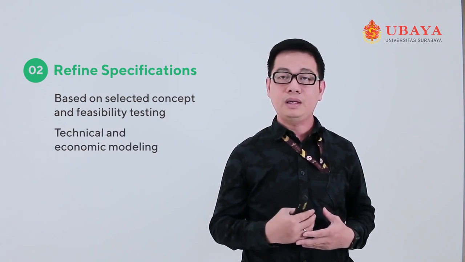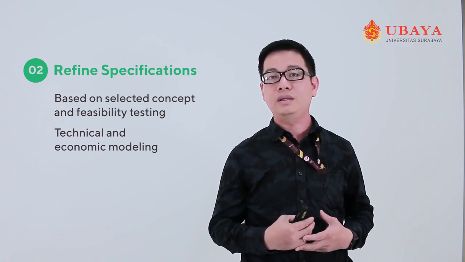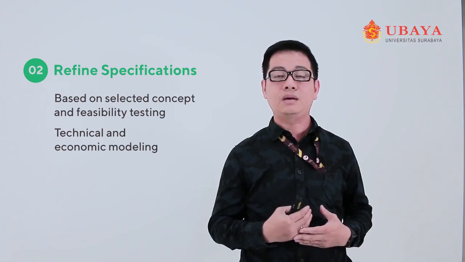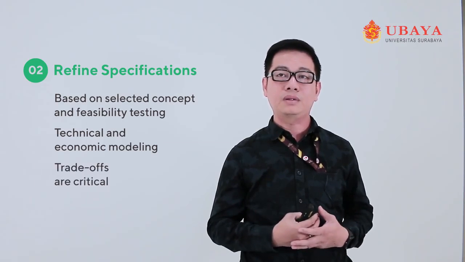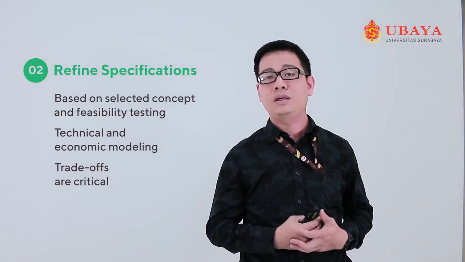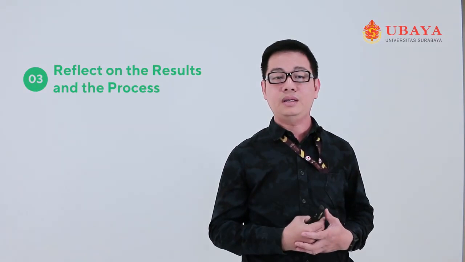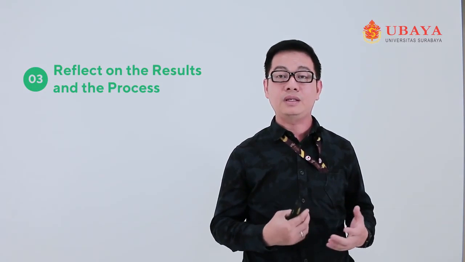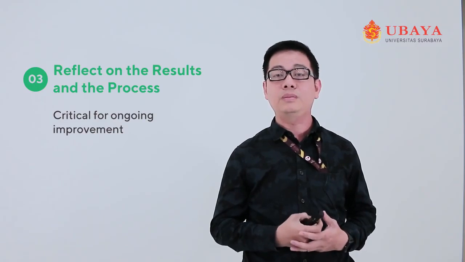Technical and economic modeling, for example, is one of the constraints. The third constraint may be a time limit given by your customers. And after setting the target specification and refining the specifications, finally we have reflections on the result and the process. So this is a critical step for ongoing improvement.